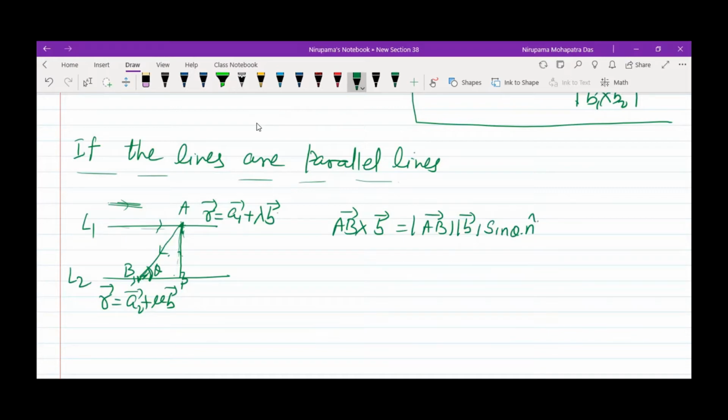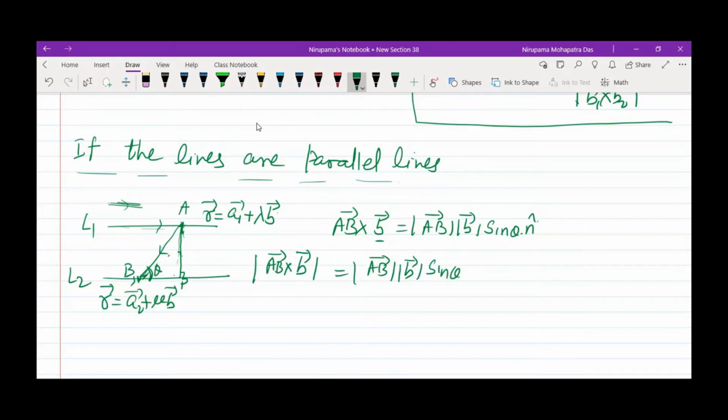Now here you see what is sine theta. If I take the magnitude, AB cross B magnitude would be magnitude of AB into magnitude of B into sine theta.